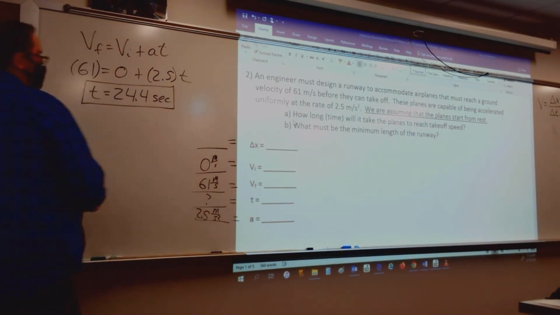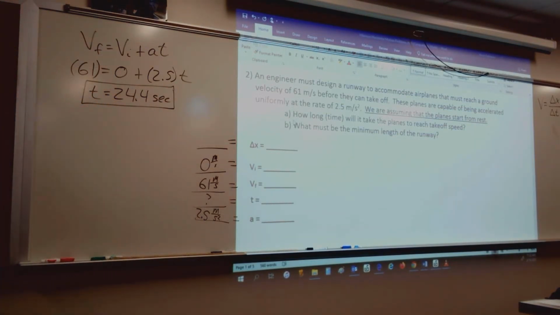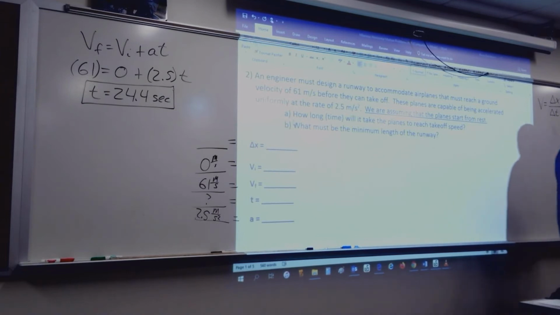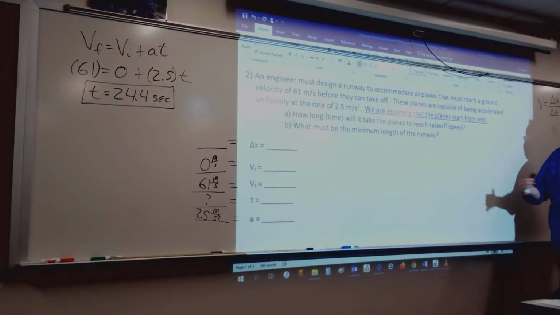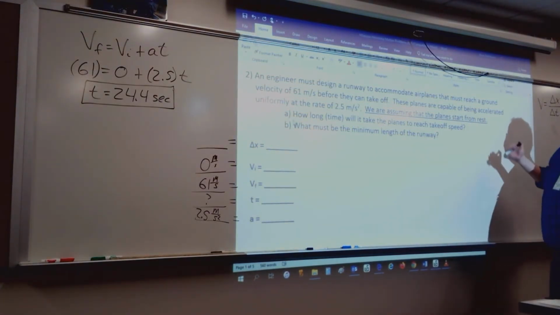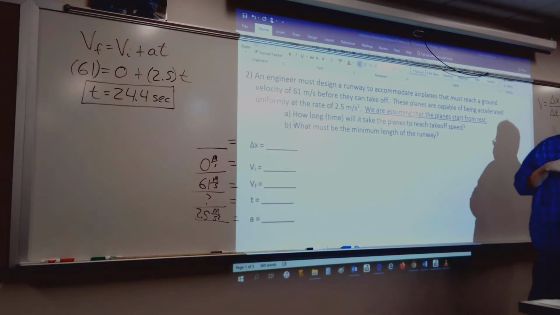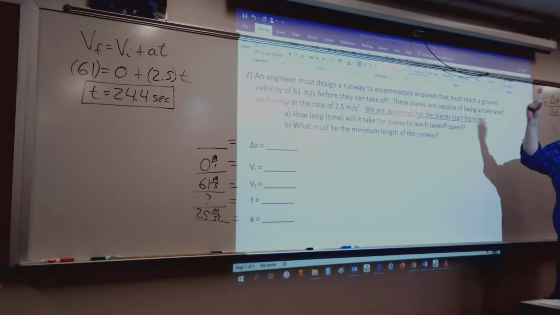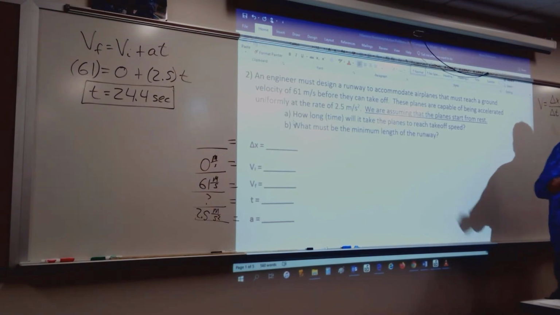We want to ask ourselves questions like, does this make sense? Sometimes it'll be about a very specific number. Does 24.4 seconds make sense for a liftoff?